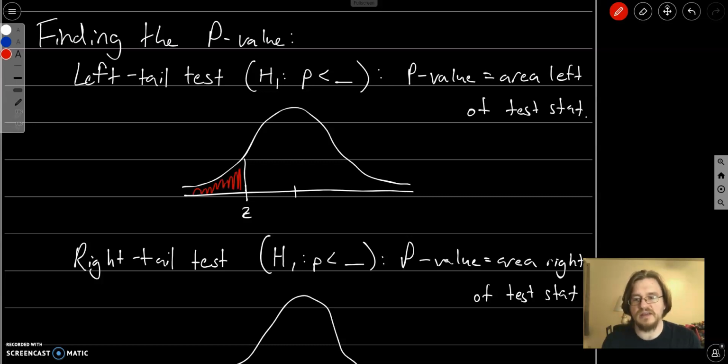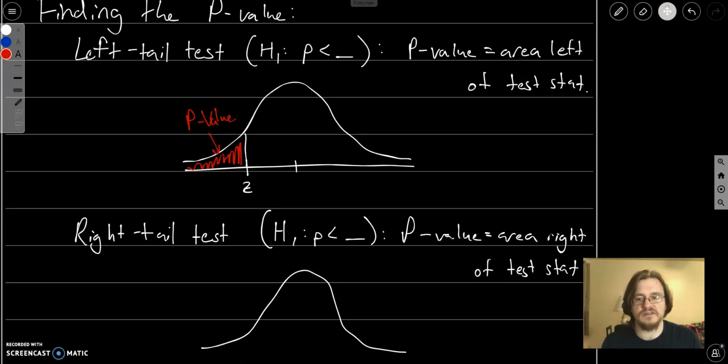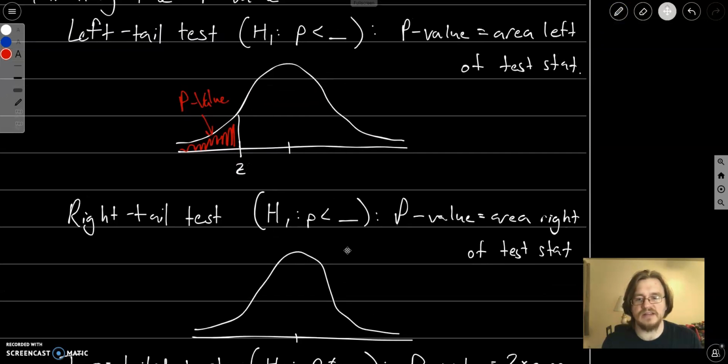It will simply be this area over here, and this area is the p-value.